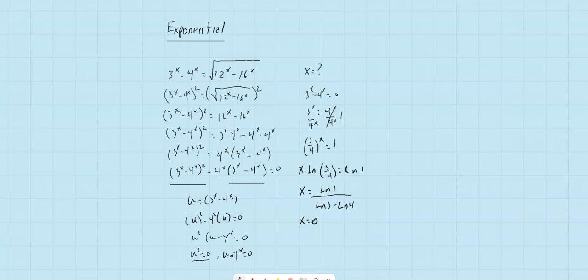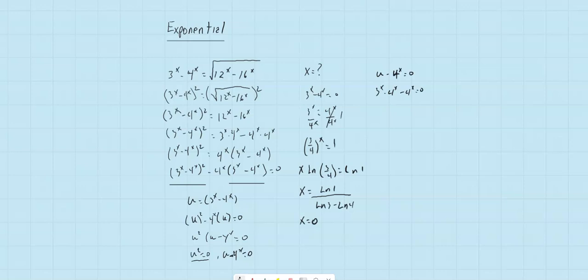Then we could go ahead and try u − 4^x is equal to 0. This statement right here. So we could say that u is 3^x − 4^x, then minus 4^x is equal to 0.